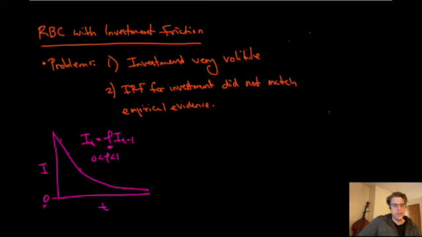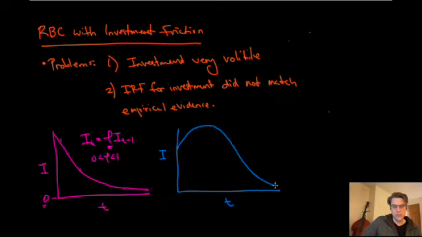But recall that in the data, we saw a plot that looked more like something with intertemporal smoothing. And what does intertemporal smoothing look like? It looks like when you get a shock, it jumps up partially, and then it climbs to its ultimate maximum, and then it slowly decreases. I'll call this the intertemporal smoothing case.